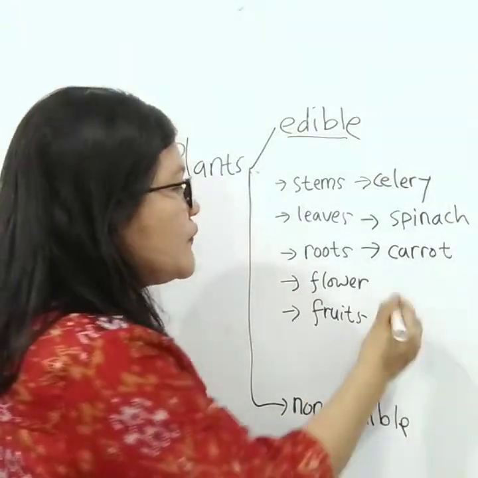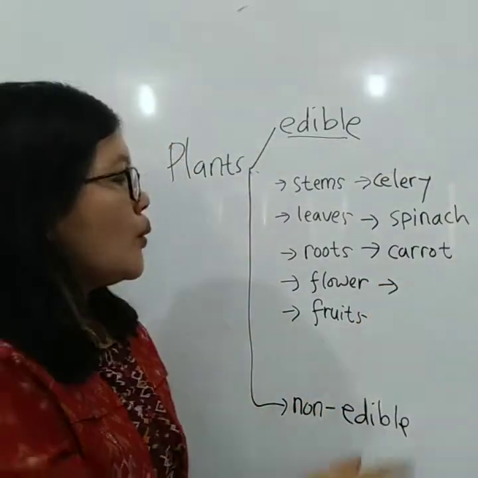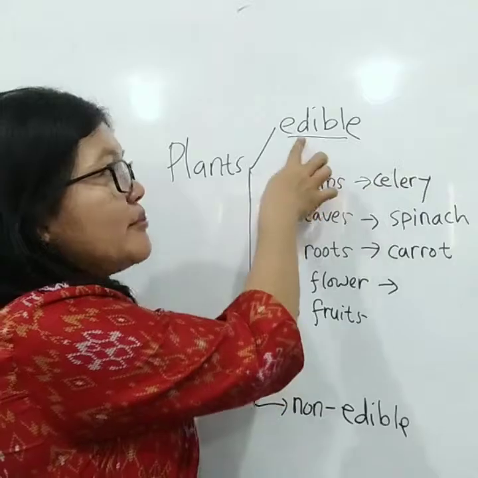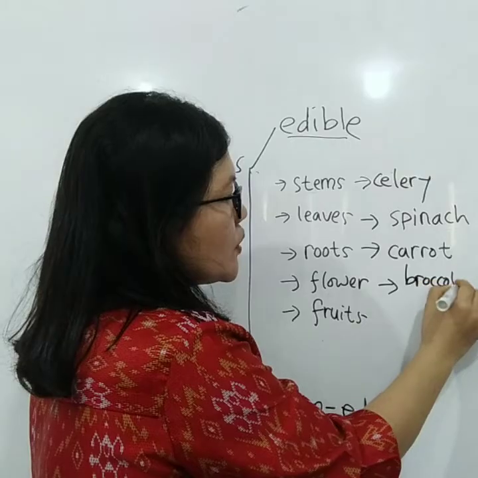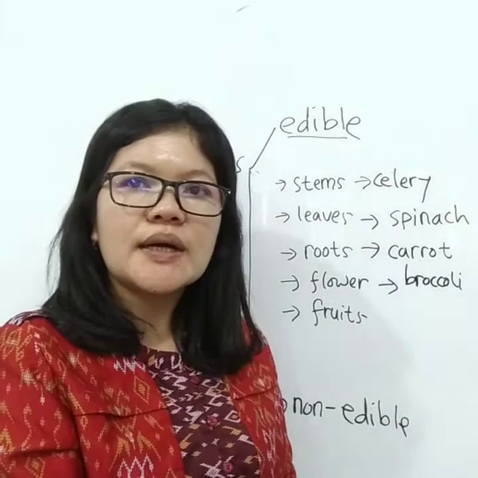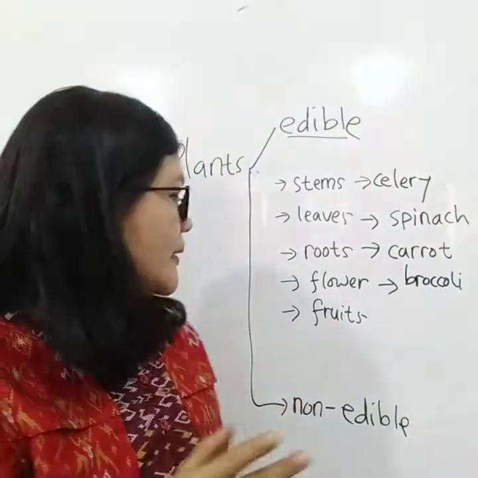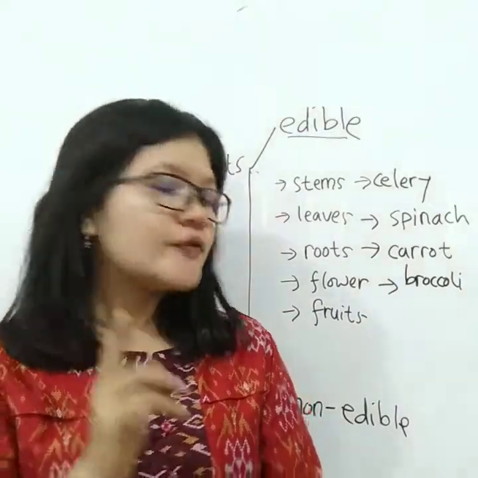Now next, we're going to flowers. What flowers are edible? Anybody knows? Very good. For example, broccoli, cauliflower, and so on. Next, for the last, is fruits.